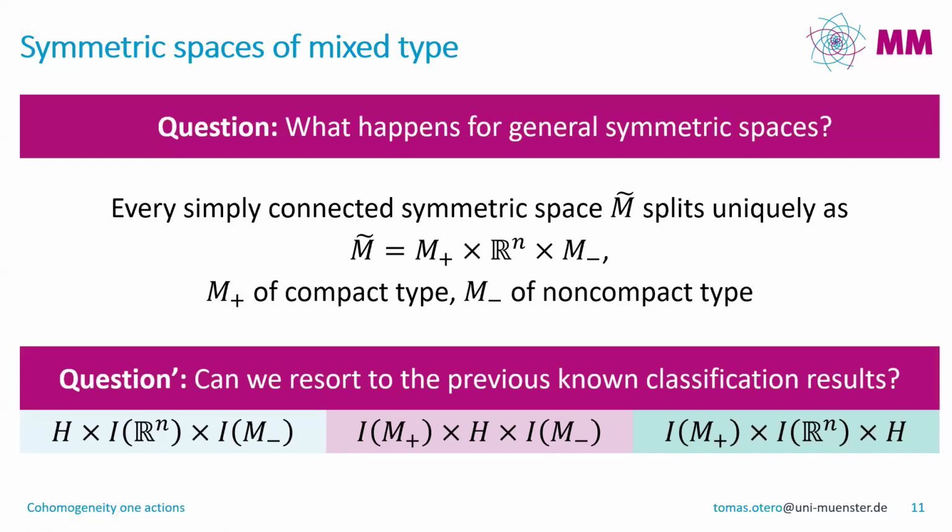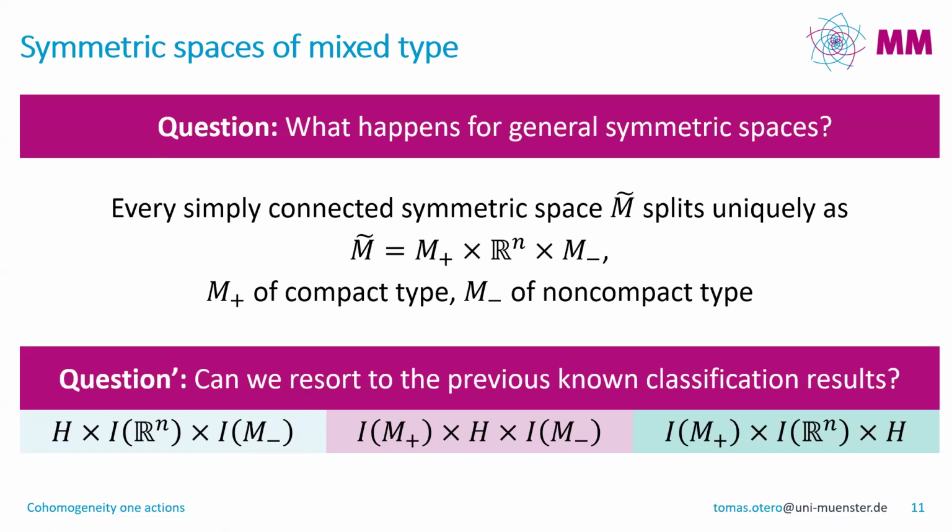And so, well, we know the actions here. We know the actions on M plus, on Rn, and on M minus. So in particular, this allows us to construct easy homogeneity-one actions on the whole M tilde, just by taking a homogeneity-one action in one of the factors and something transitive on the other two.